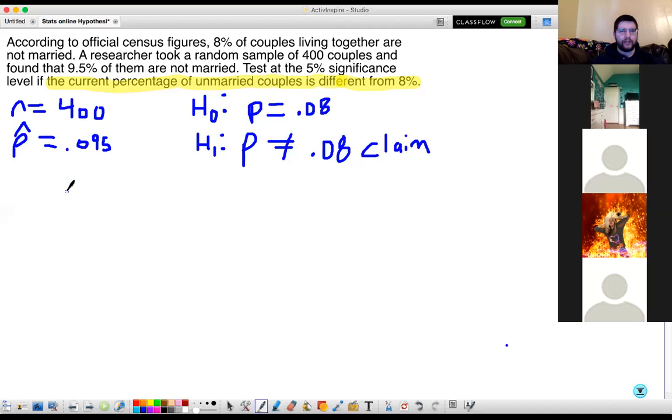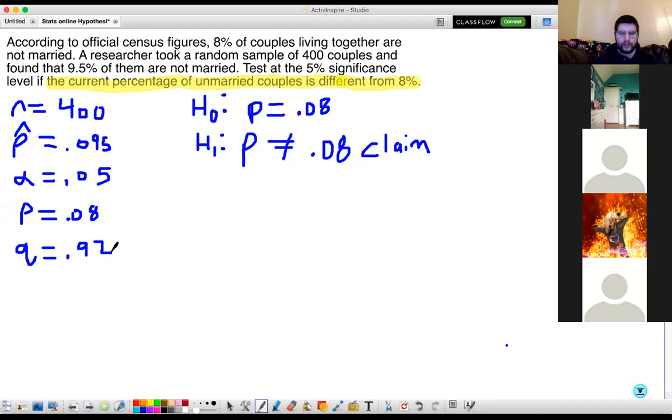Test at the 5% significance level, so alpha is 0.05, 5%. And P was 0.08. That makes Q 1 minus 0.08, which is 0.92.